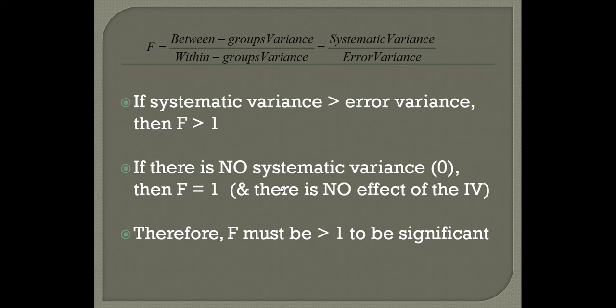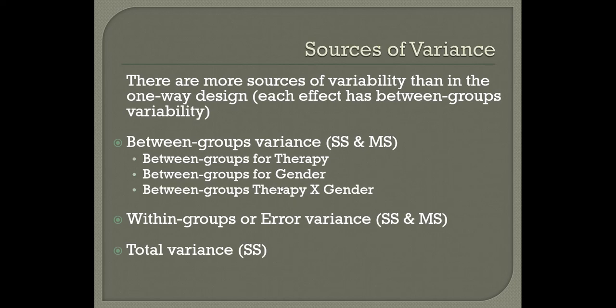So F must be greater than 1 to be significant. However, just because it's greater than 1 does not mean that it is. So the F ratio follows a distribution where we can look up the proportion of the area under the curve in the tail and determine the p-value for a specific F ratio, depending upon the degrees of freedom of the test.